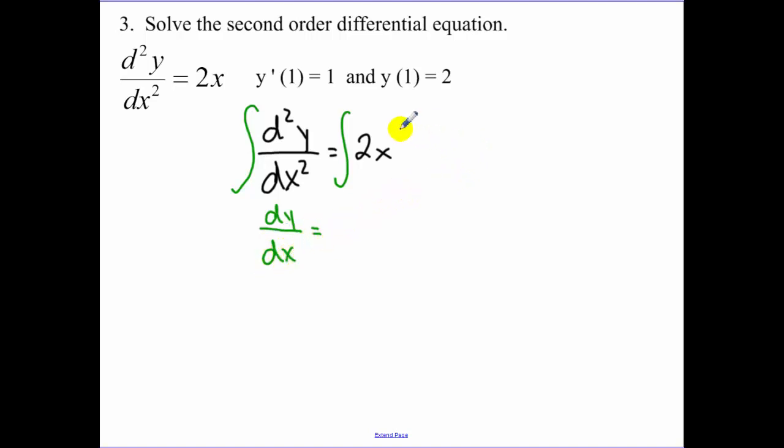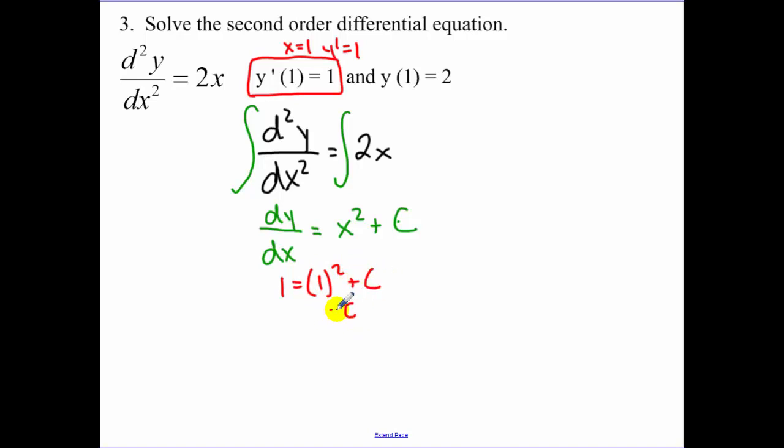Now when I take the integral of this right side, we get x squared plus c. Now, what I need to do is keep in mind that right here I have an initial condition. I have that at x equals 1, y prime is equal to 1. So I plug that in, and we get c to equal 0. So we have now our first derivative. C is equal to 0, so I don't need to add anything in.